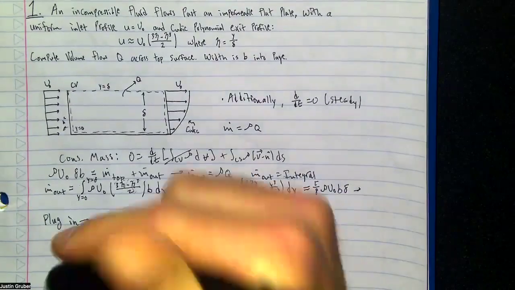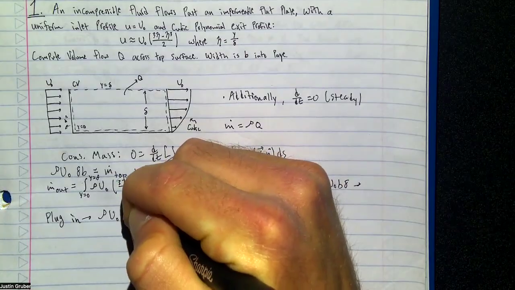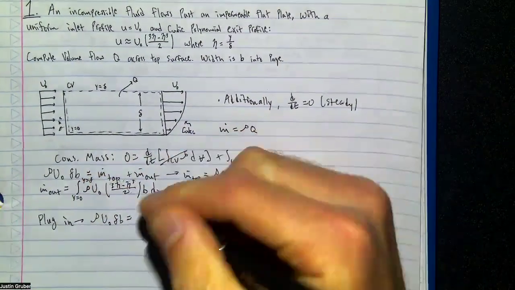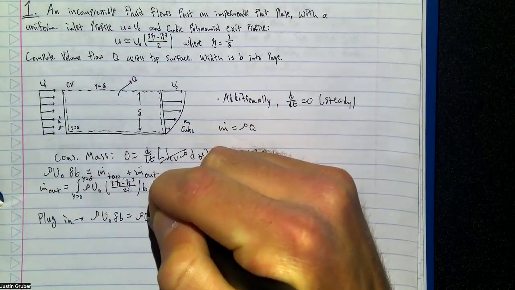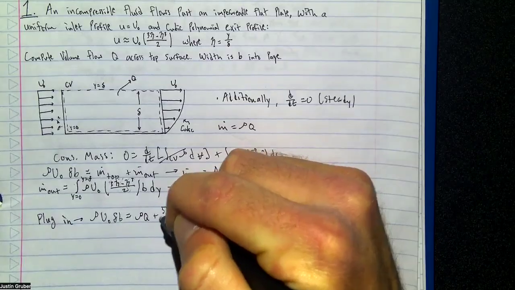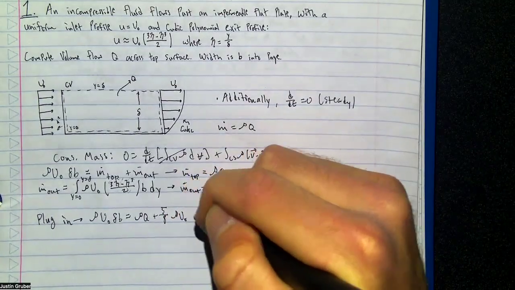And so what do we have on the left-hand side? We still just have rho u naught delta b equals, what's our m dot top? It's rho times q. And then plus 5 over 8 rho u naught delta b.